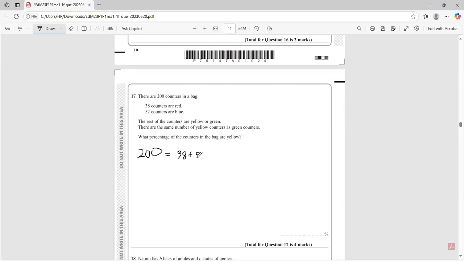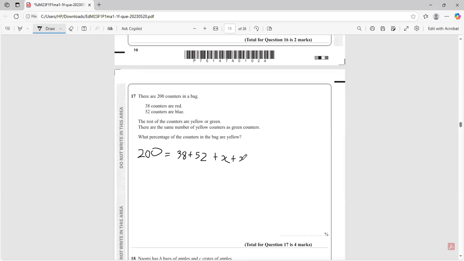So we'll go 52. Now, the rest are yellow or green. Now, because they told us that number of counters that are yellow or green are the same, guess what? All I now need to do is to say what? X plus what? X. Okay?